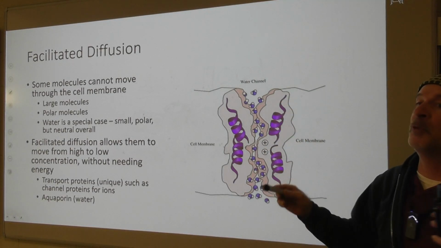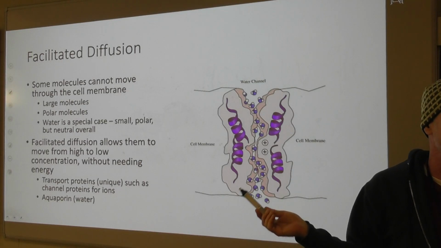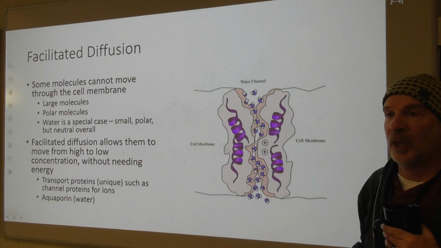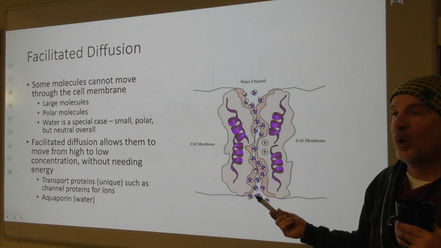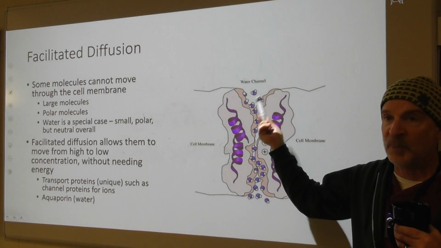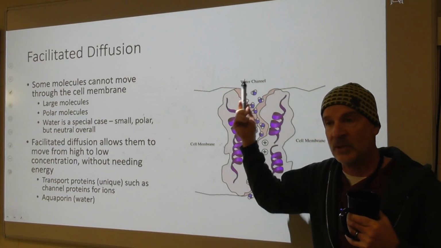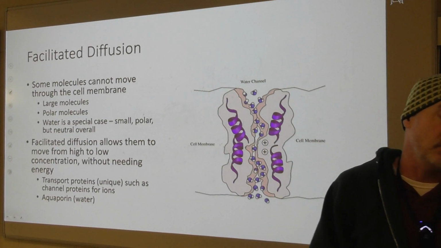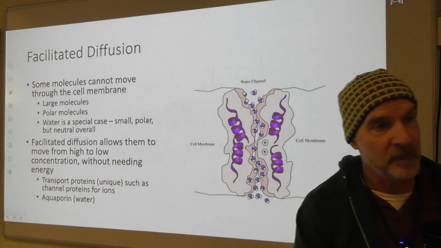So basically, for reasons that I couldn't possibly explain, sodium ions can't make it through aquaporin. They don't fit, or they stick to it in the wrong spots, or it repels them in certain areas. I don't know why, but only water can make it through aquaporin. So that's how it works.